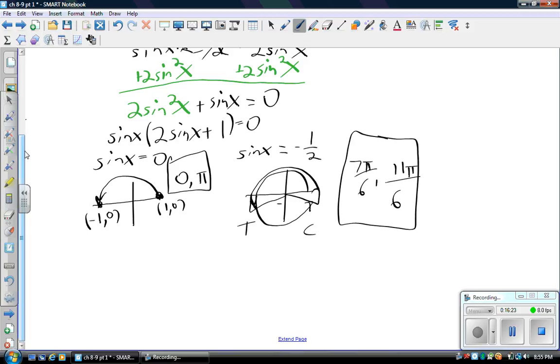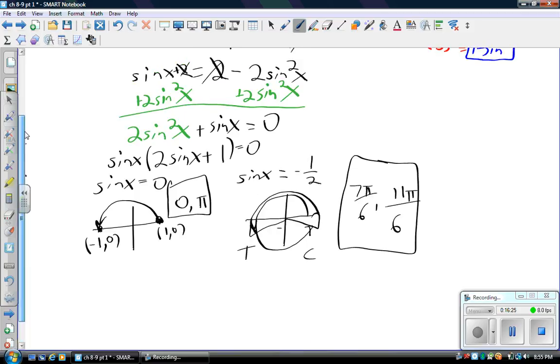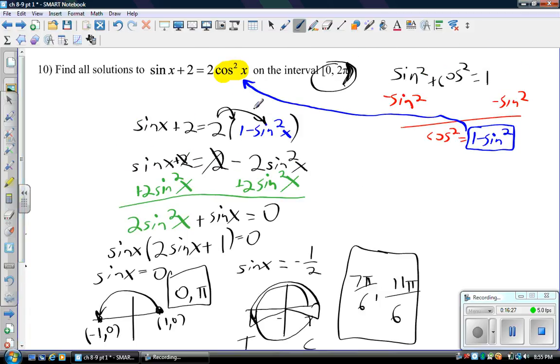So again, let me recap real fast on that one. What did we do? First we were comparing apples to oranges. So we said, all right, let's convert cosine squared to something that involves sines. That just took manipulating the Pythagorean identity. I substitute in 1 minus sine squared. Did a little distributing, brought everything to the same side.